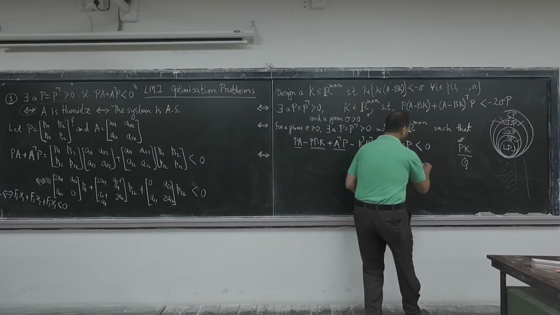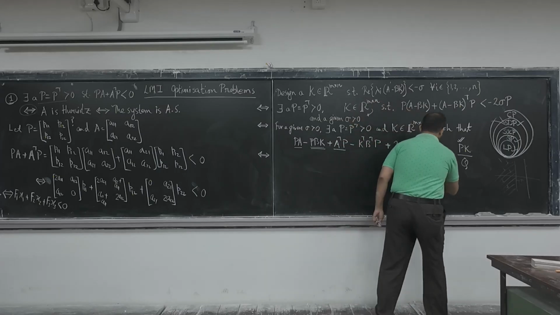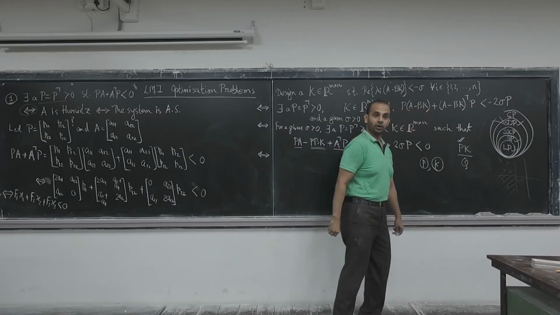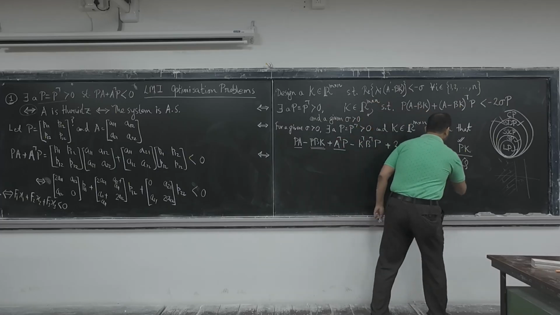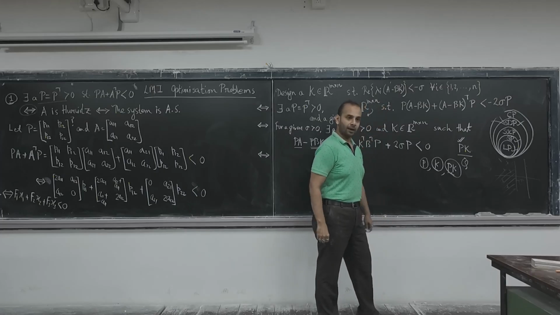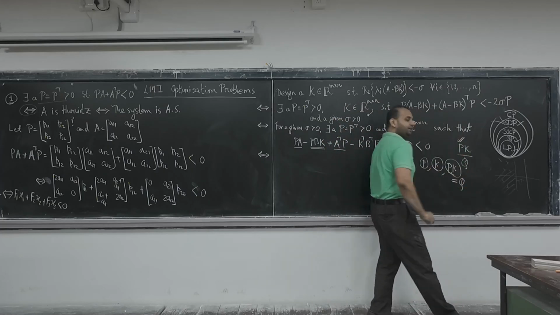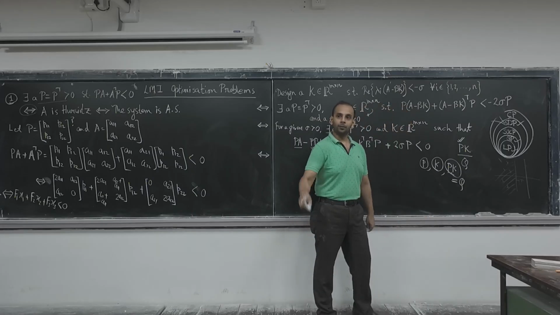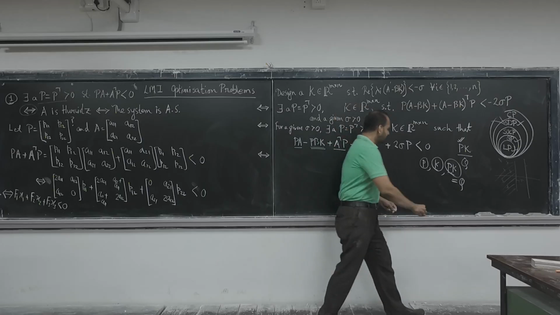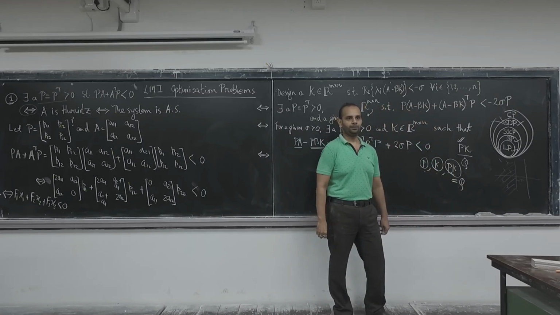Suppose P appears individually, K appears individually, then PK also appears. Now someone by mistake considers this as Q, and then solves that LMI with respect to P, K and Q. Will that be possible?